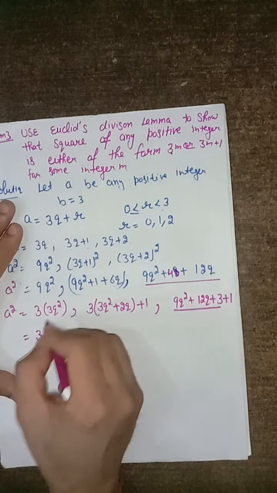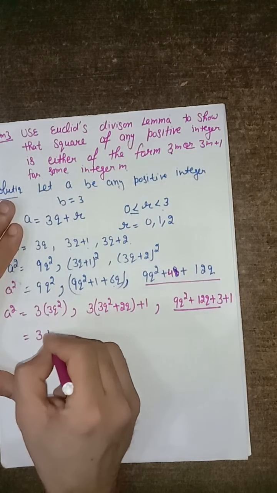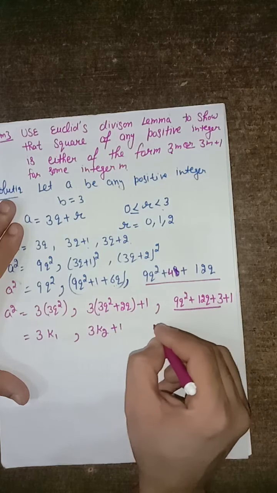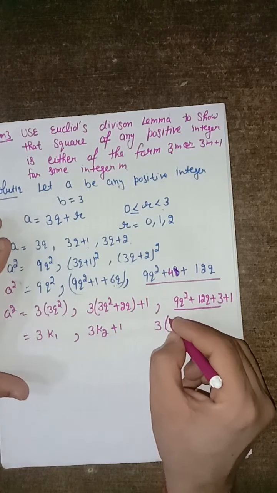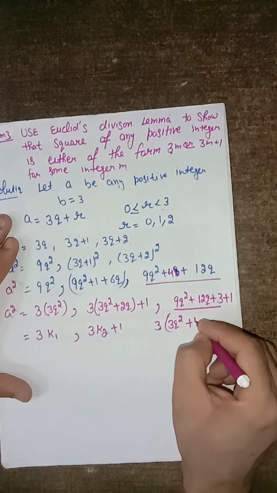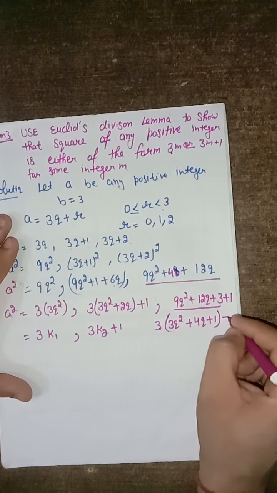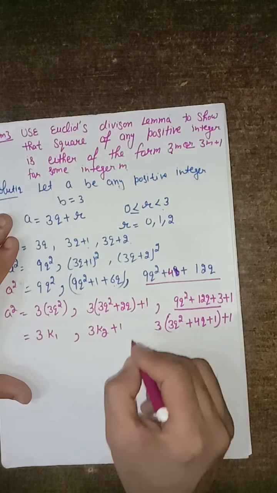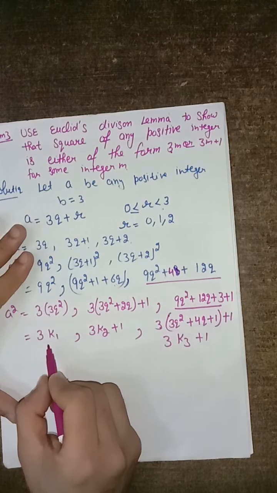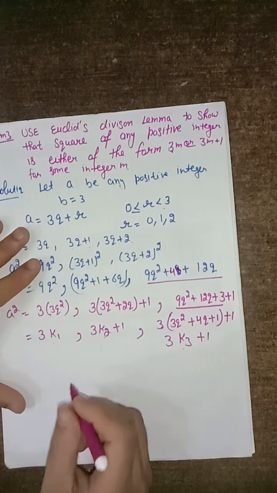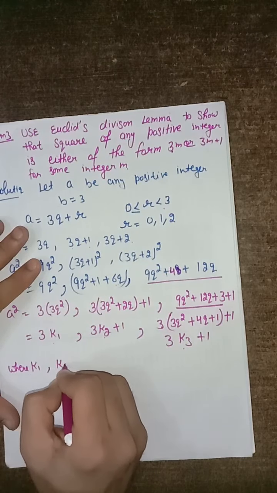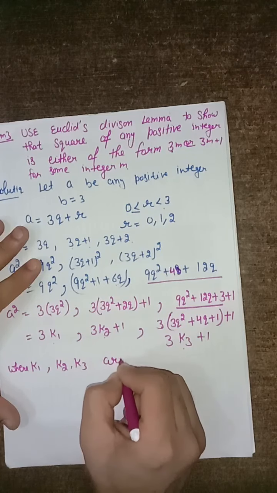Now this is 3k1 and this is 3k2, and when we common out 3, we are left with 3q square plus 4q plus 1, and this plus 1 as it is, and this is 3k3 plus 1. Now k1, k2 and k3 are positive integers.